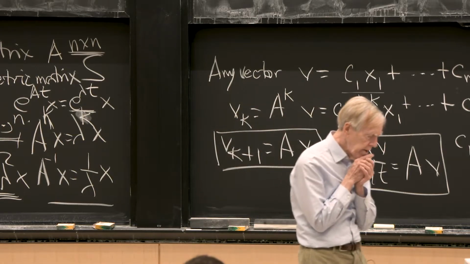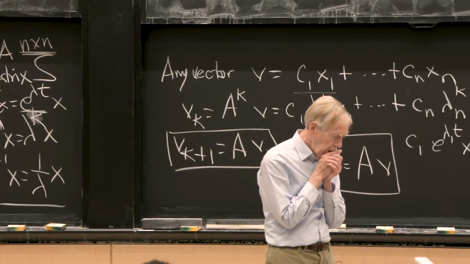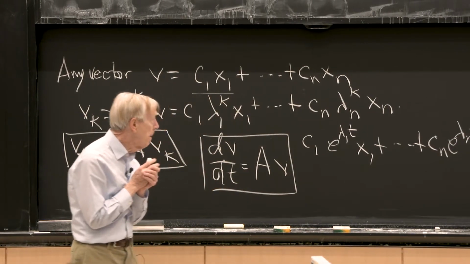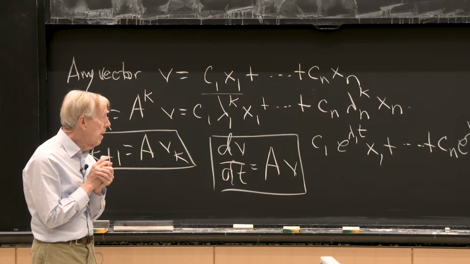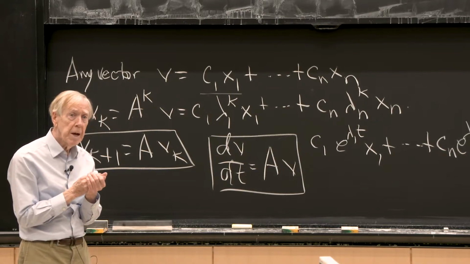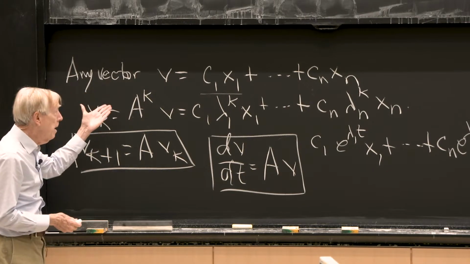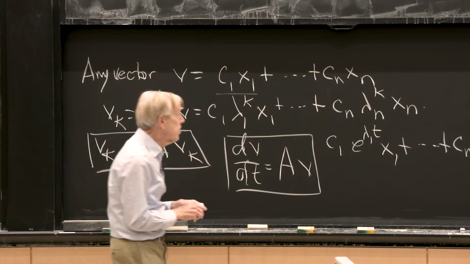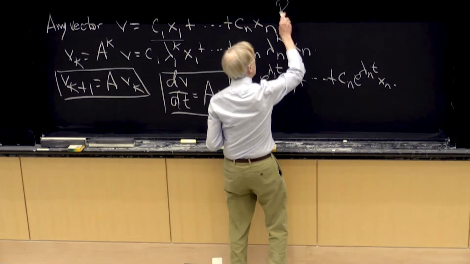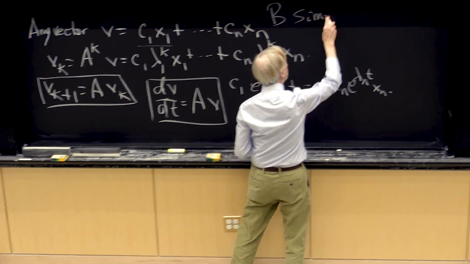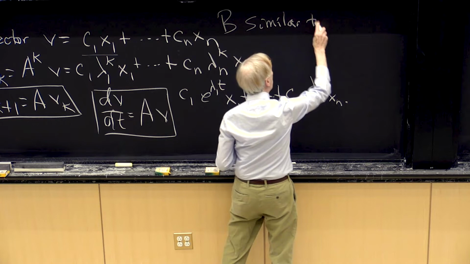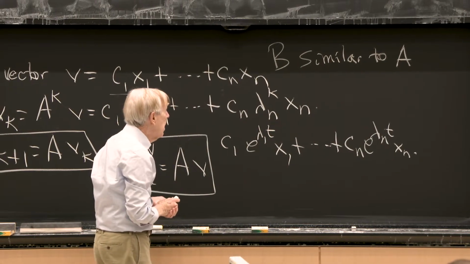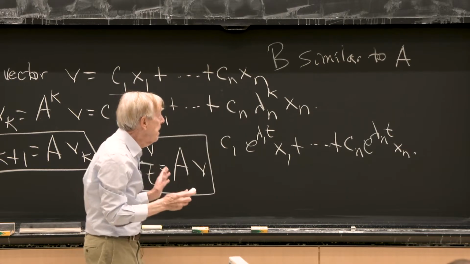Let me move ahead. One matrix fact is about something called similar matrices. So I have my matrix A, then I have the idea of what it means to be similar to A. B is similar to A. What does that mean?